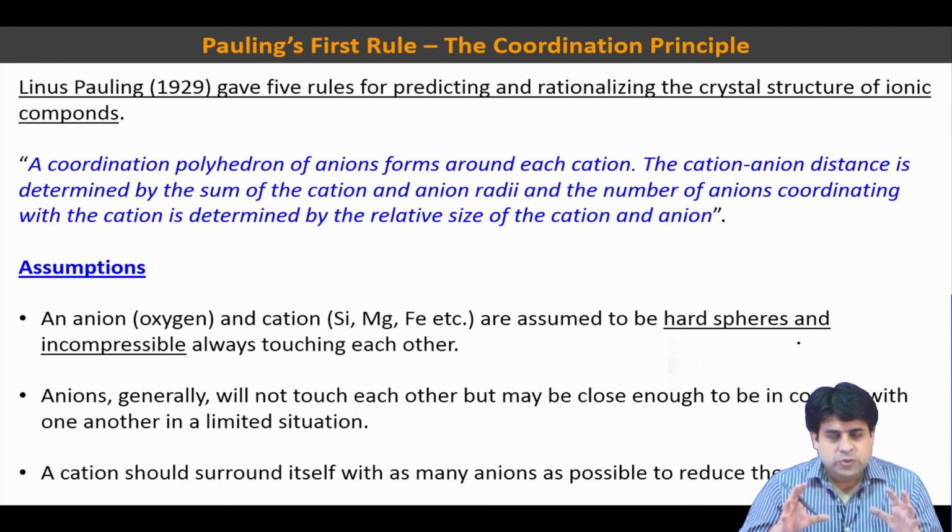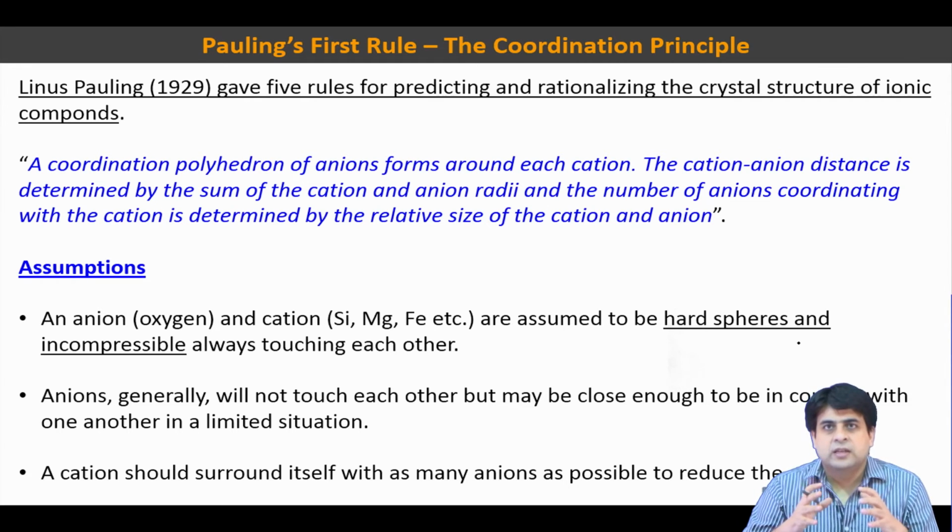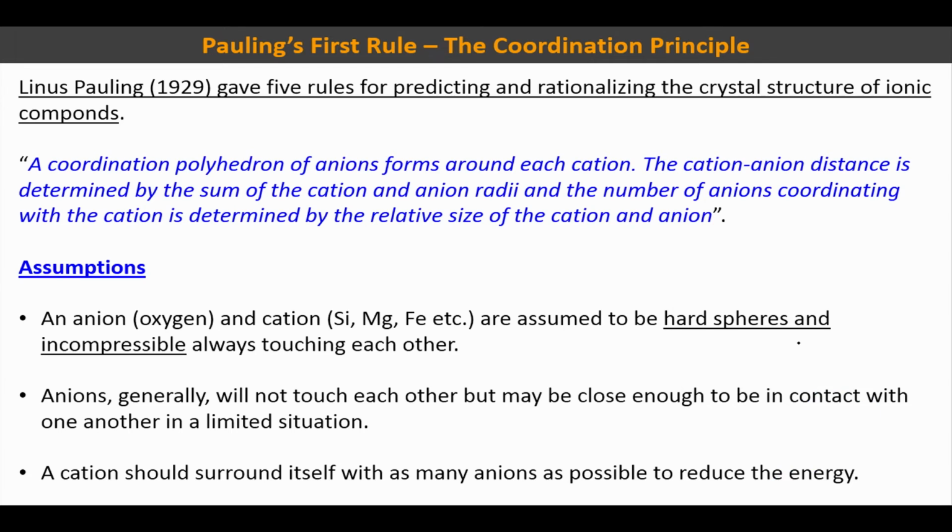Now, all minerals have a crystal structure. In 1929, Linus Pauling gave 5 different rules, and if you know these rules, you can predict and rationalize the crystal structure of your ionic compound.